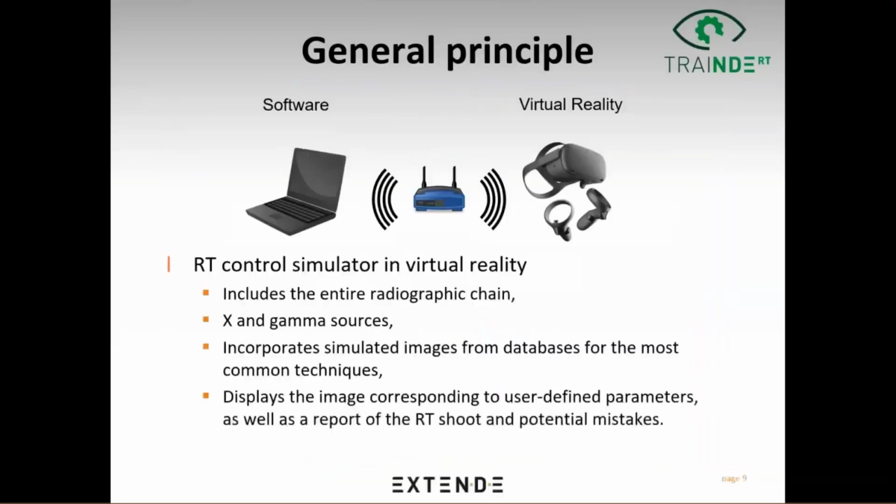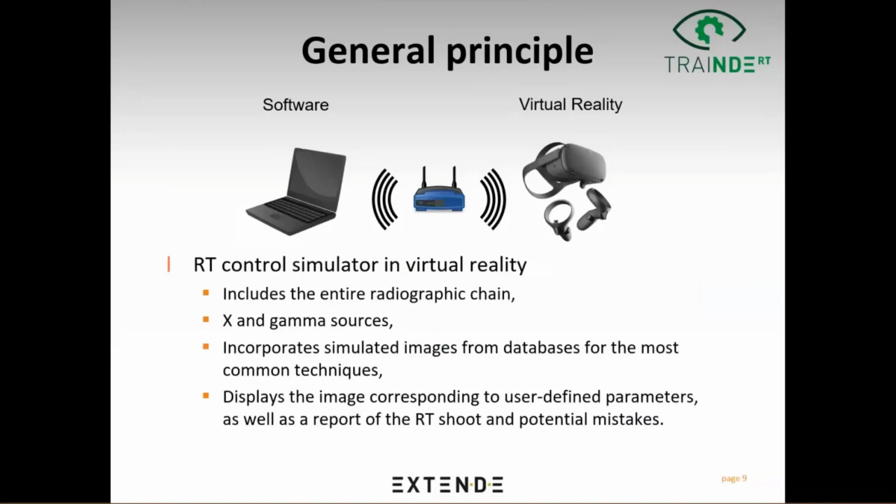So the idea is to have also a simulation tool using virtual reality with the headset. It includes the entire radioactive chain, X-ray, gamma ray source. So you can select, depending on the size, X-ray or gamma ray.